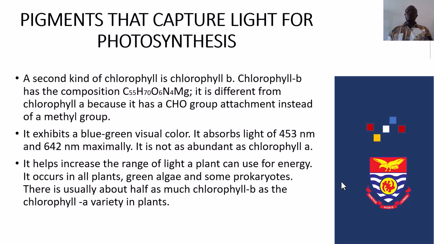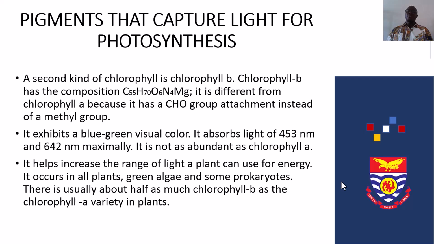The second kind of chlorophyll is chlorophyll B. Chlorophyll B has the composition C55H70O6N4Mg. It is different from chlorophyll A because it has a CHO group attachment instead of a methyl group. It exhibits a blue-green visual color.